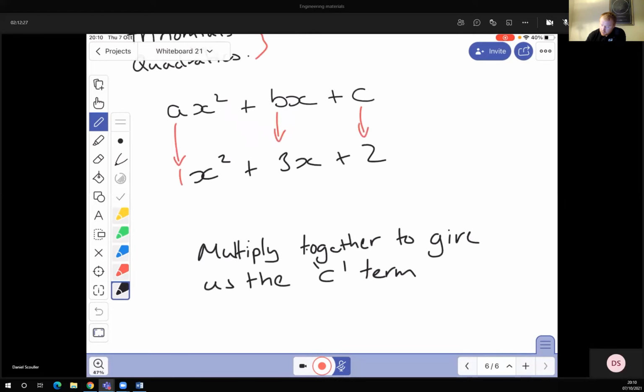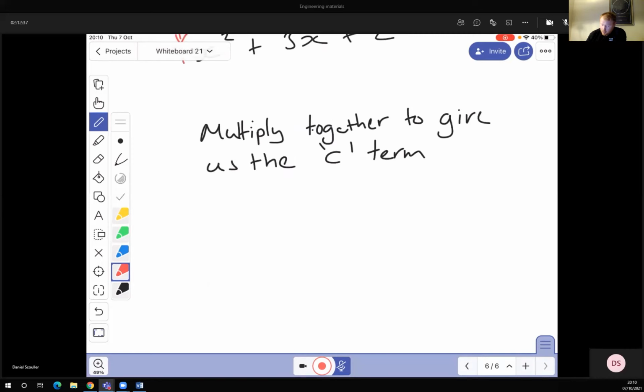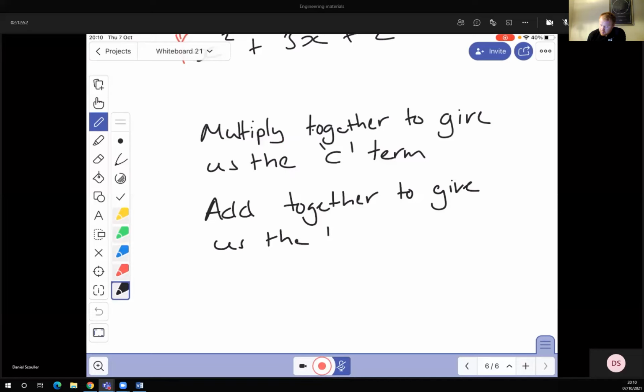So the C term is the last term there. So pairs of numbers that multiply together to give us C. The same numbers would add together to give us the B term.